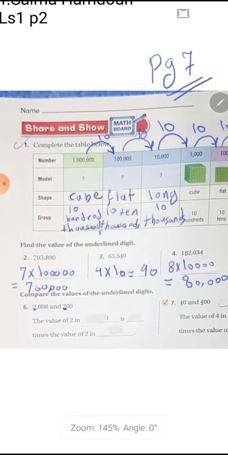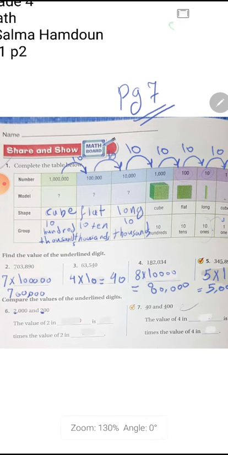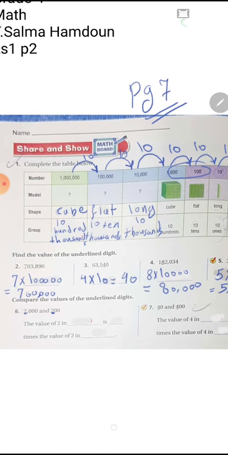I told you in this chart that the relationship between hundreds and thousands is that the thousands is greater than the hundreds by 10 times. So this 2 in the thousands digit is greater than this 2 in the hundreds digit by what?